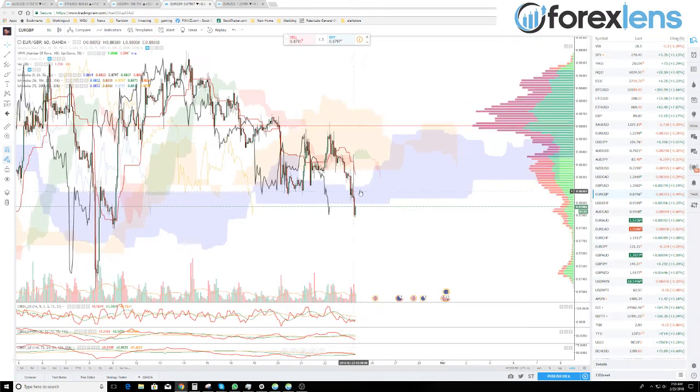Now we could also short on a pullback to the 0.8820 and the 0.883. All right. Looking at a return to these areas. But we've broken out of this entire area on the 1, 4, and 8 hour below the cloud. That itself is a strong signal. So let's keep our eyes on that.